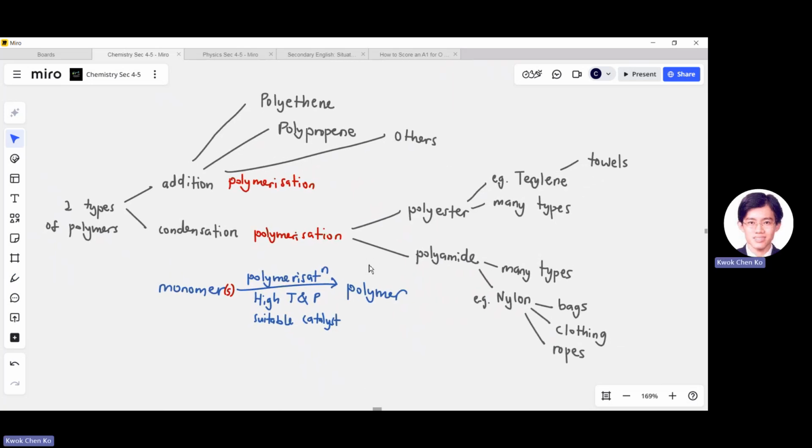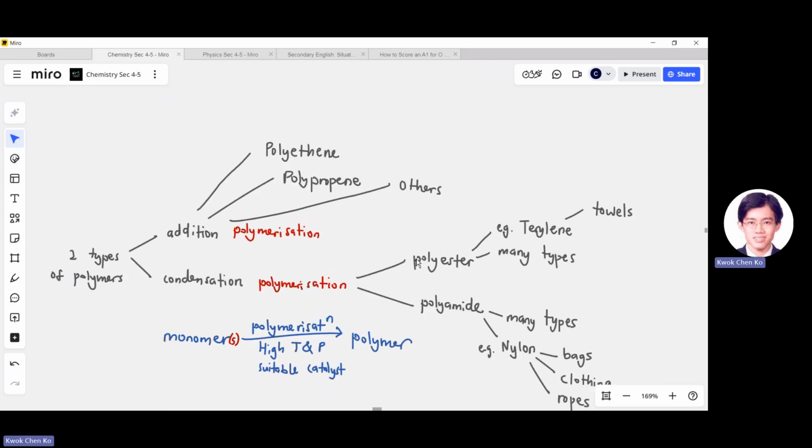Okay, just a note, just to refresh your memory. Why do they call it addition polymerization? What's the meaning of addition? Add two things. So yes, he's right. Add two things together.